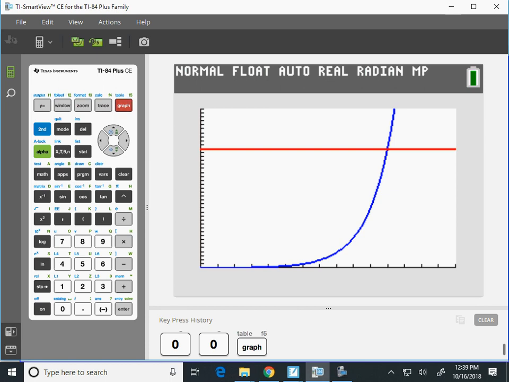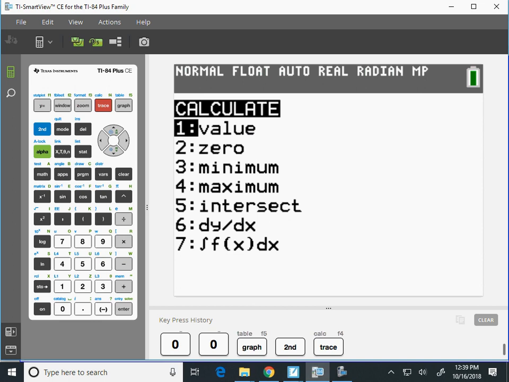So, do you guys remember how to find the intersection point on the graph? Second trace. I'll help you in a minute, Zach. Which one of those goes where you cross? 5 intersects. So you're going to go down to number 5. Do you need help back there?